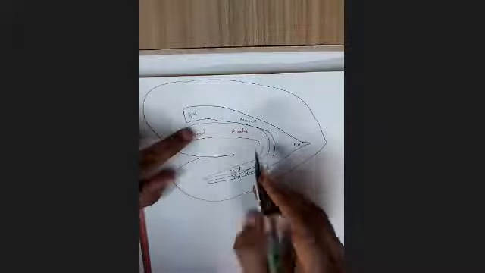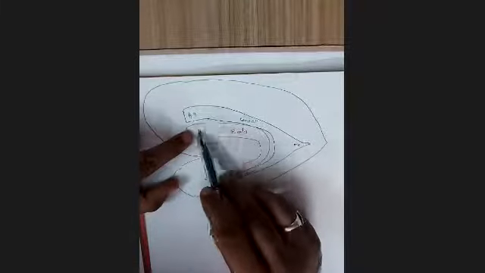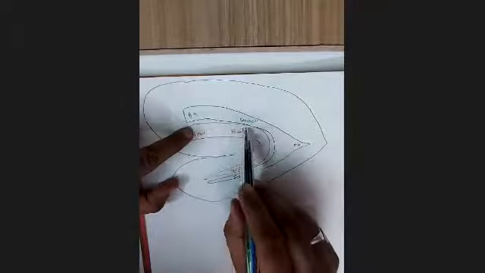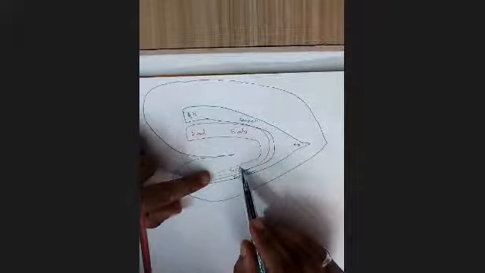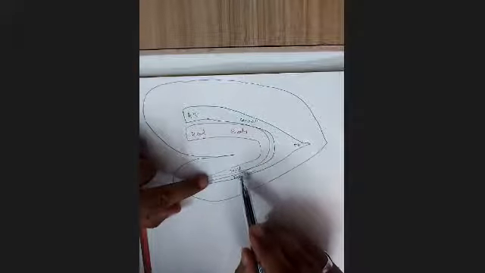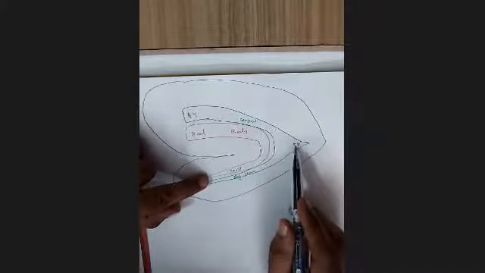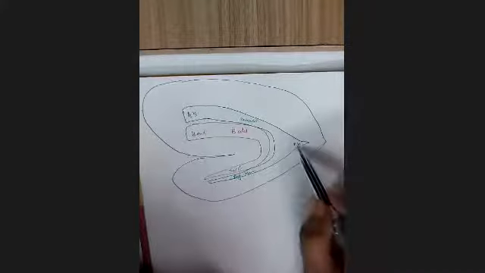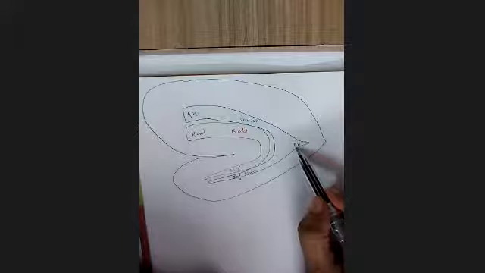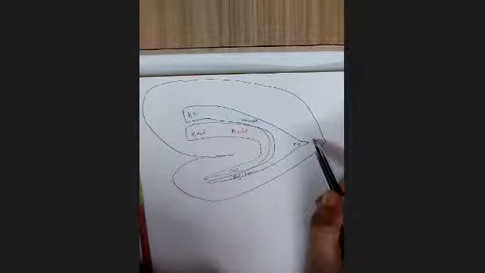So if you see, the caudate nucleus will lie in the floor of the anterior horn, the floor of the body, and the roof of the inferior horn, and the caudate nucleus will not be related to the posterior horn of the lateral ventricle, which is lying inside the occipital lobe.